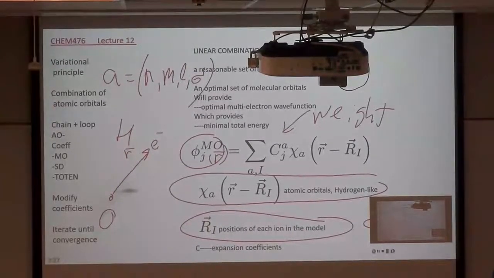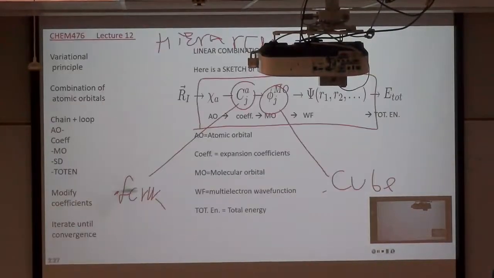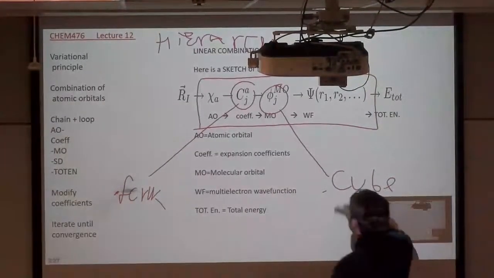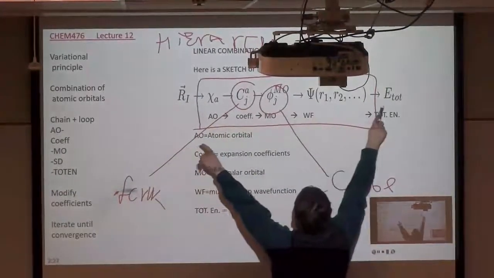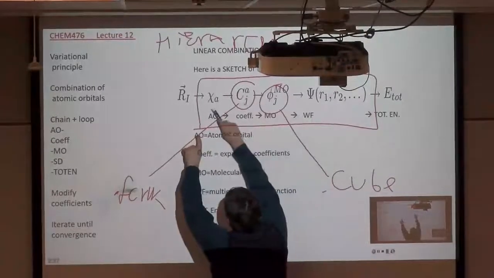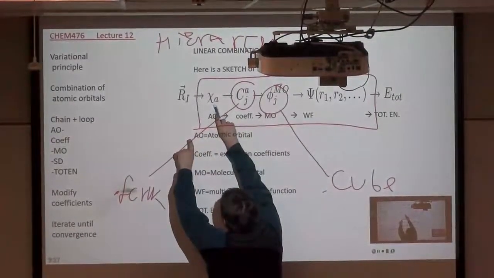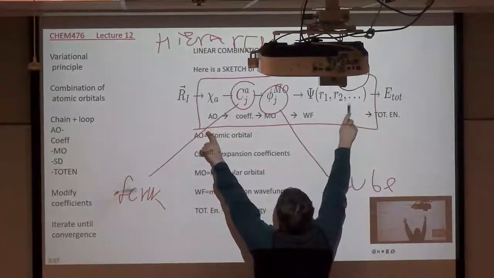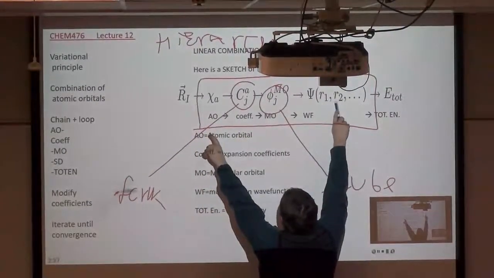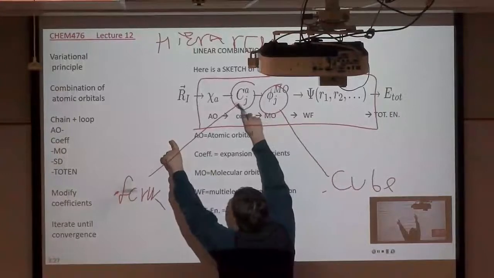Okay, and two meetings ago we agreed that in this streamline from atomic coordinates to total energy, there are atomic orbitals, there are absolutely correct wave functions, there are molecular orbitals and expansion coefficients.